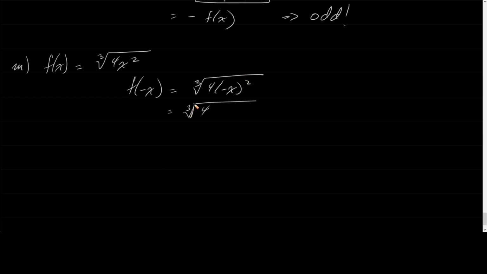So I have the cube root of 4x squared. And notice that that's just my f of x. So I had f of negative x equals f of x. That tells me that we're working with an even function, all right? So again, you cannot just look at the exponents. You actually have to do the algebra for it, okay?